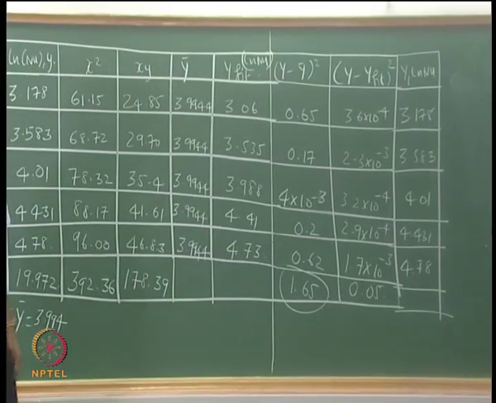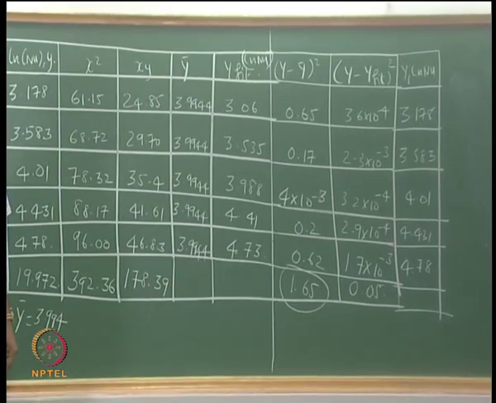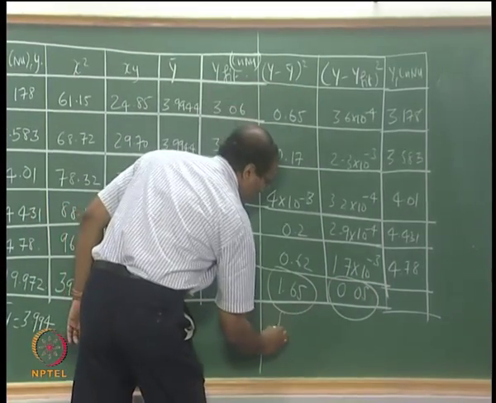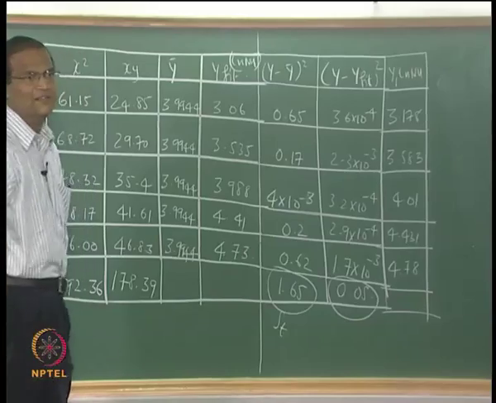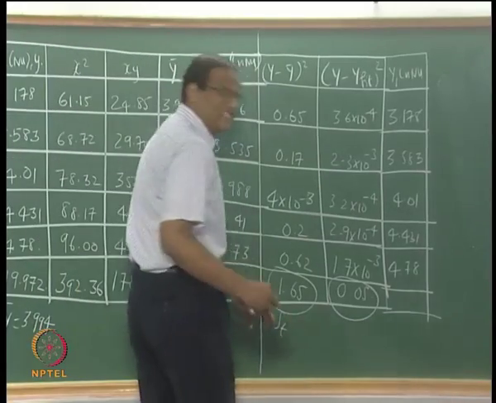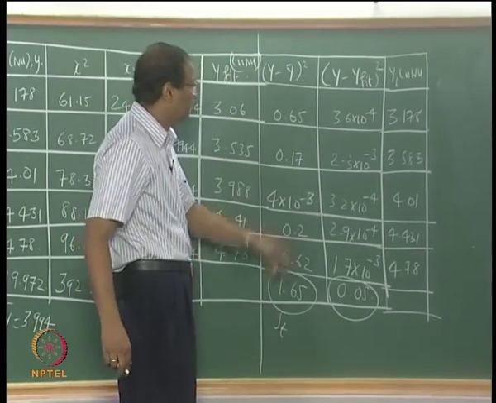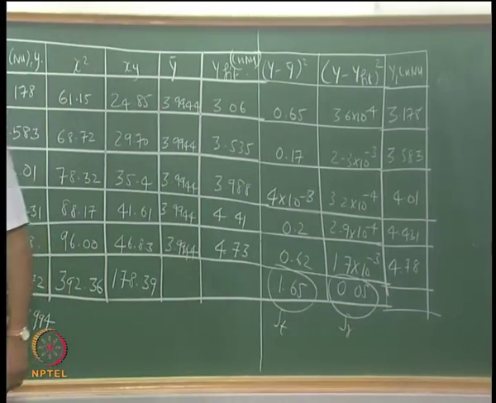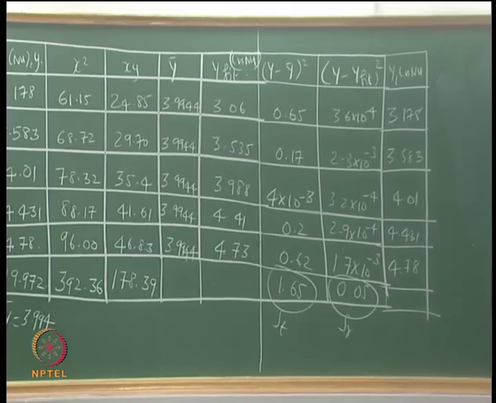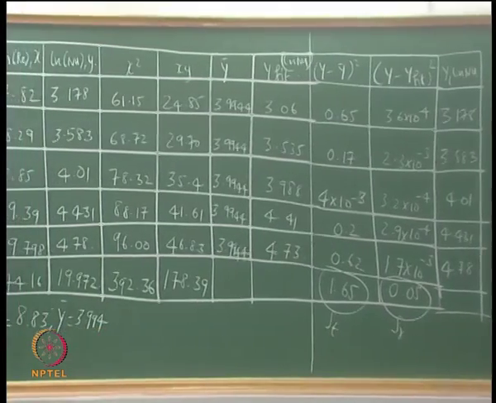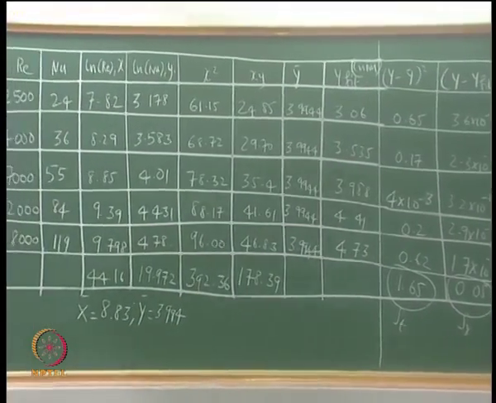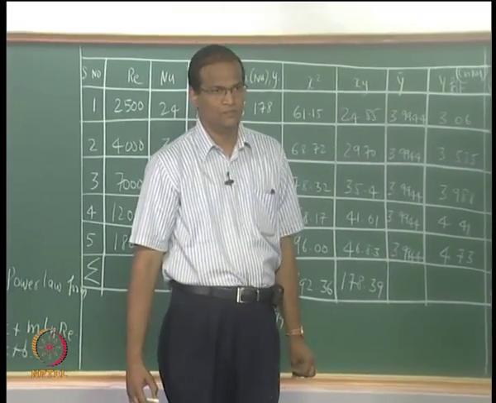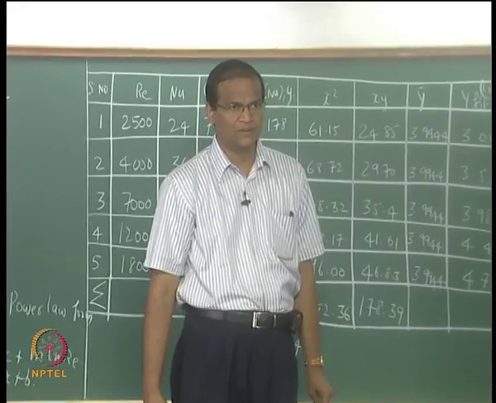Is everybody through with it? Okay. So I call this ST, the sum of the residue with respect to the mean, and the sum of the residue with respect to the fit is SR. Okay.